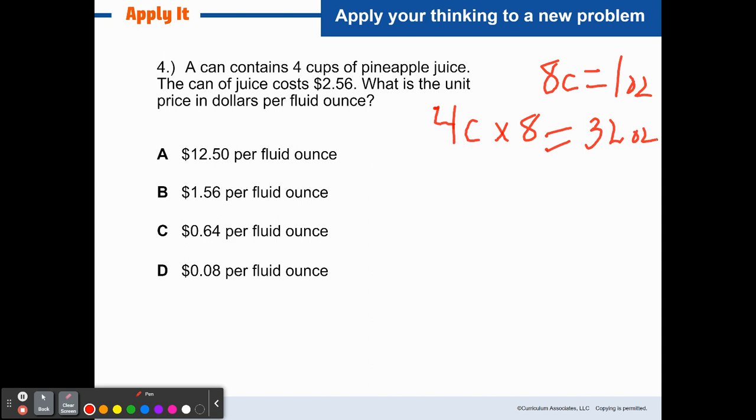Then a can of juice costs $2.56. What is the unit price in dollars per fluid ounce? Dollars per ounce. So right now we have $2.56 for 32 ounces.